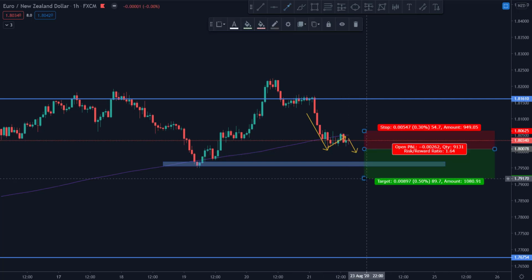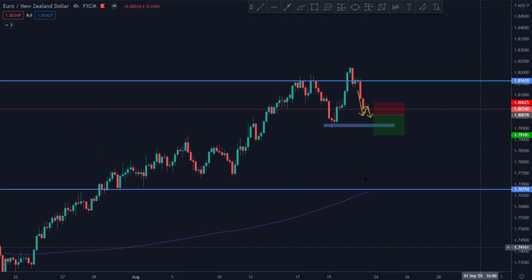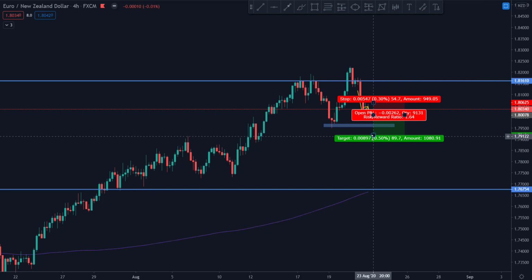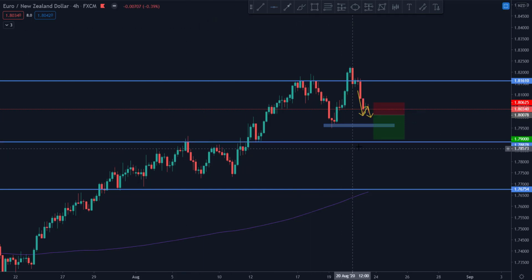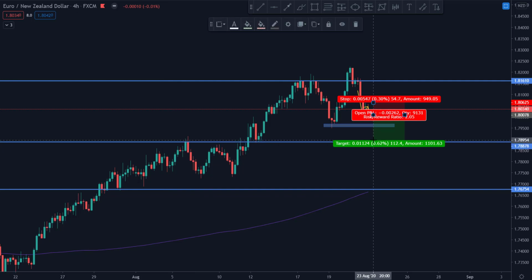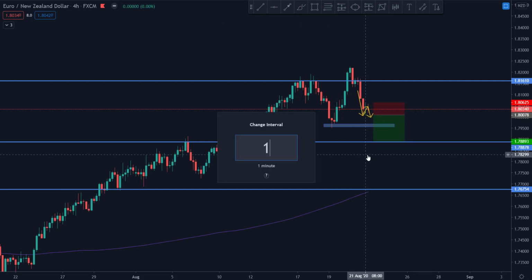Let's go to 4-hour. You actually can use many different take profits, right? You can use 3, 4, or only 1. It's just up to you. We're going to use this resistance area as our target. So our possible outcome will be almost 120 pips, and our stop loss is going to be, we go to 1 hour.